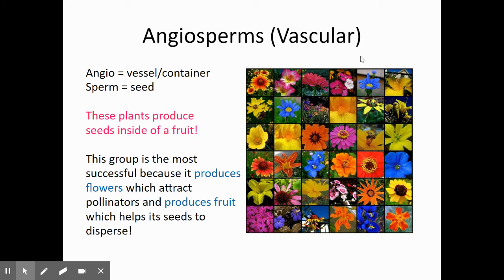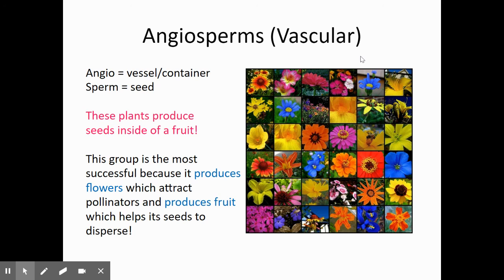Now, the fruit that's produced helps with seed dispersal. And this is another reason why angiosperms are the most successful group. They produce seeds inside of fruit, and the fruit is usually colorful. It provides food, so animals will eat the fruit, and in doing so, sometimes the seeds will fall out.